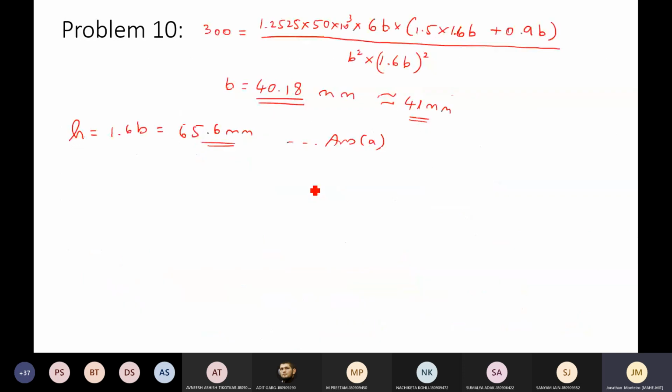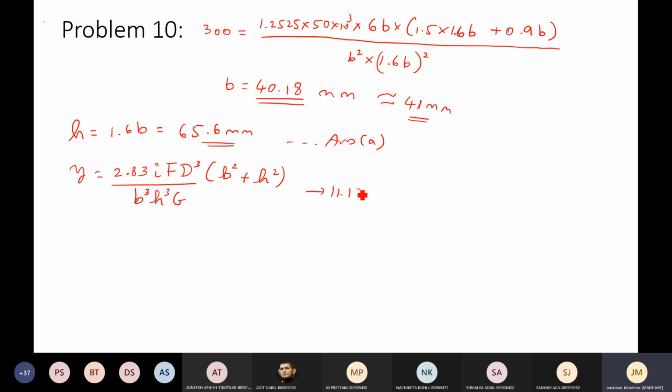So let us use a deflection equation, a very simple one. y is equal to 2.83 I F D cube by b cube h cube G, into b square plus h square.